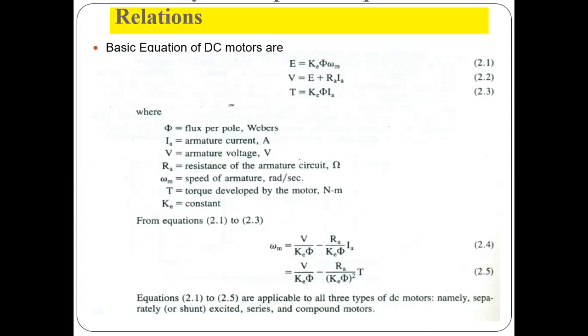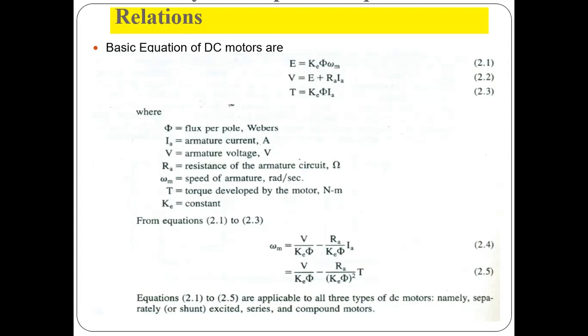So according to the above equations, phi is the flux per pole in Weber, I_A stands for armature current in ampere, V is the armature voltage in volt, R_A is the resistance of the armature circuit, denoted in ohm, and omega_m is the speed of the armature, given in radian per second.